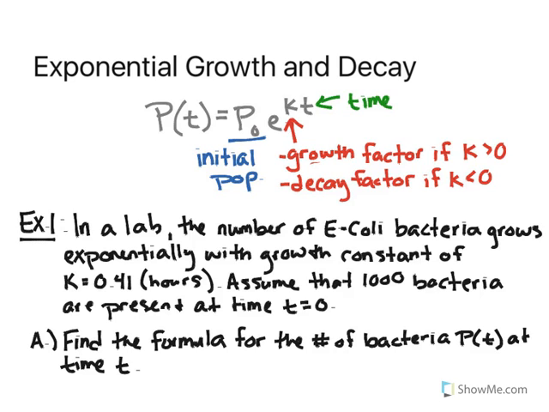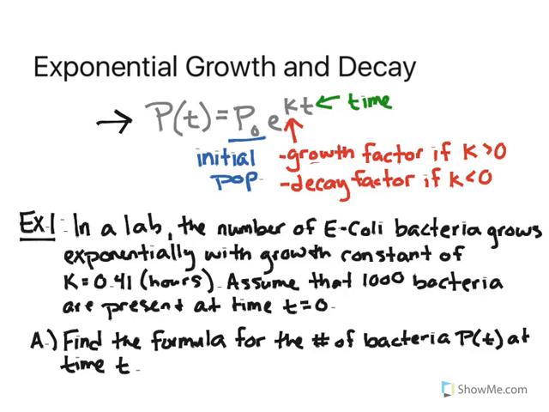And our first task is going to be to find a formula for the number of bacteria, P of t, at time t. So our goal is to try to get a formula that looks like this, that is going to work for every function with this information that we want for any given amounts of t.